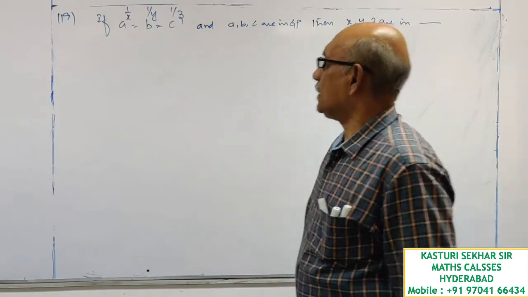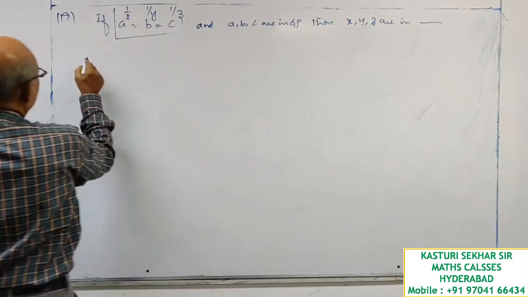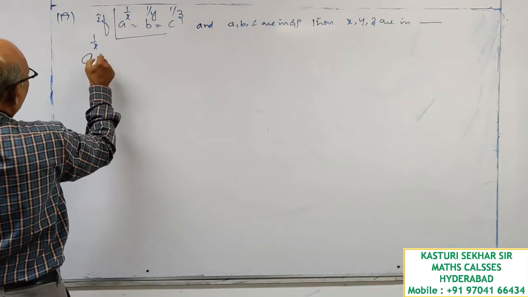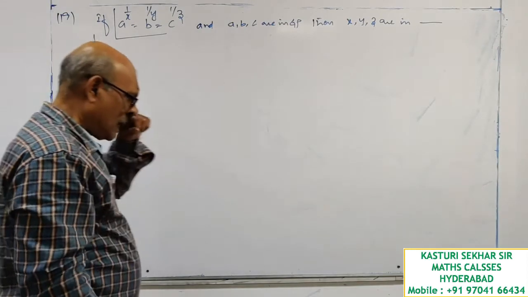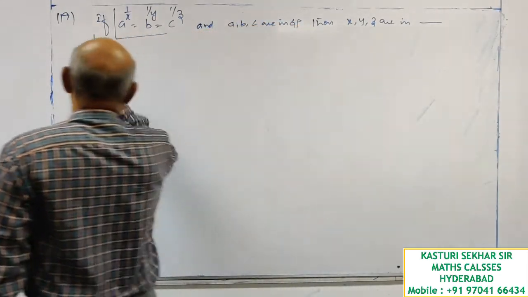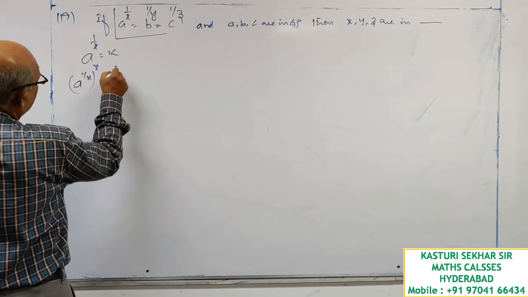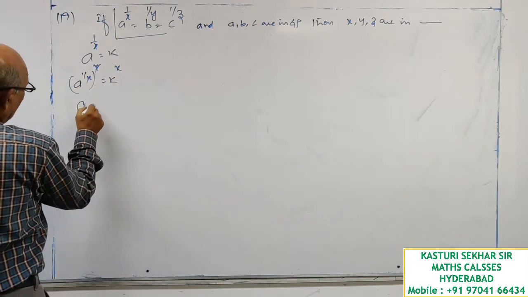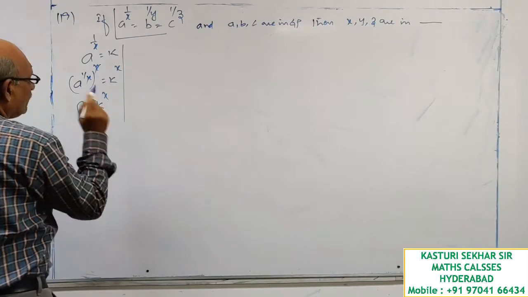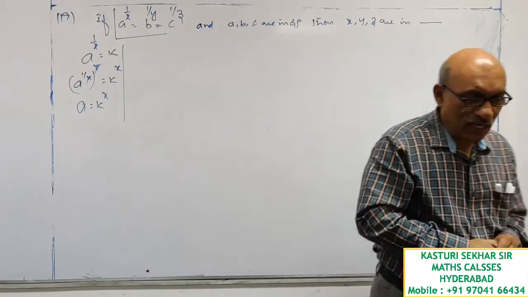Now, it is an equality type identity given. Look at this. a power 1 by x is equal to k. If I raise the power on both sides to x, a is equal to k power x.